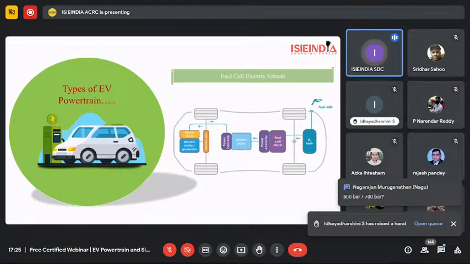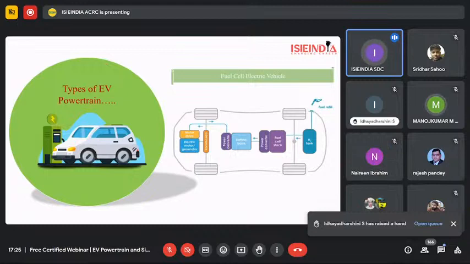With that electrical energy we can charge the battery bank, which stores the energy, and that stored energy is used for driving the electric motor, and hence we can move our electric vehicle. So why is it necessary to use a battery bank here? Can anyone tell me?